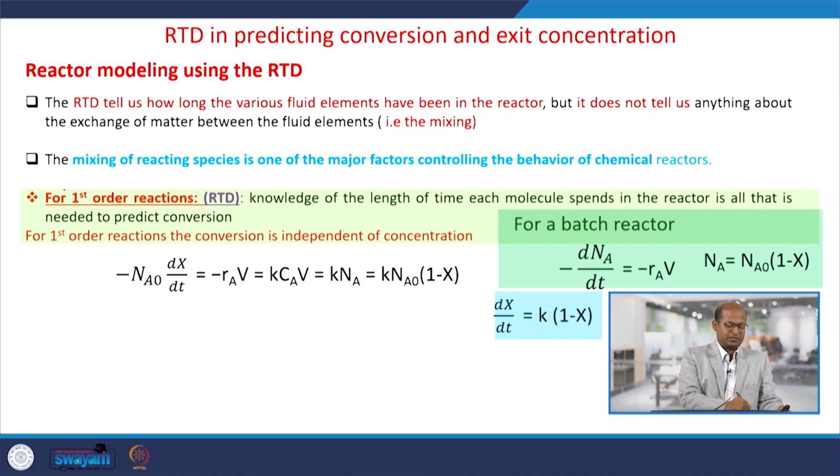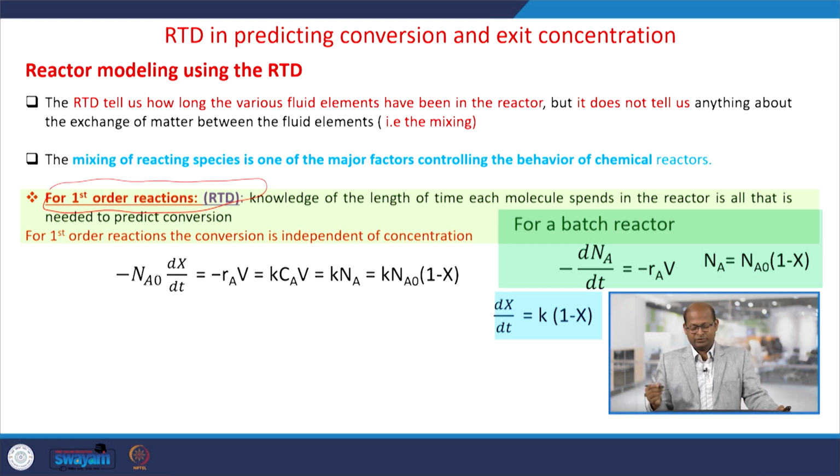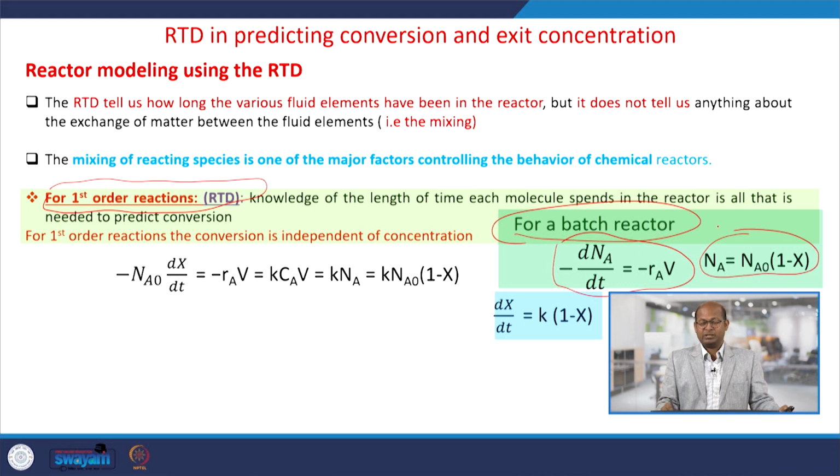Let us say for a first order reaction, we know the design equations for the batch reactor. Say we want to conduct a first order reaction in a batch reactor. The design equations we can write this way: minus dNA by dt equals minus rA into V, and NA equals NA0 into (1 minus X), and dX by dt equals k into (1 minus X).